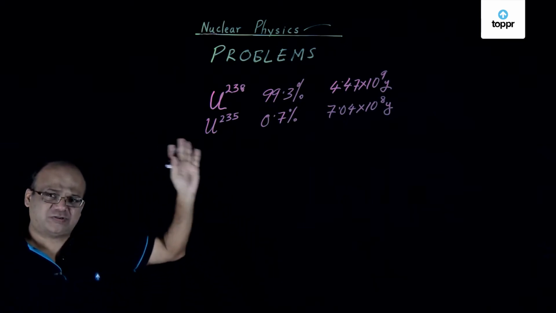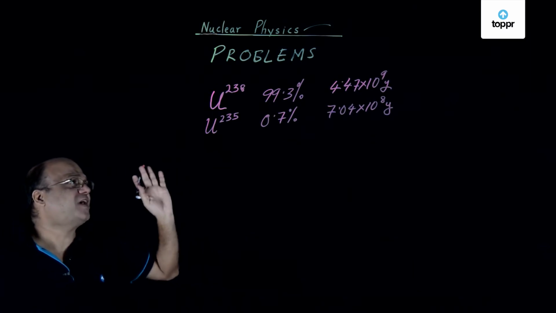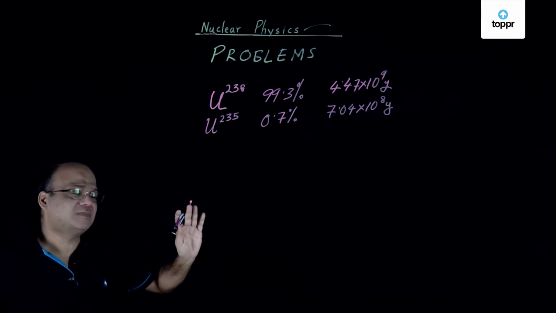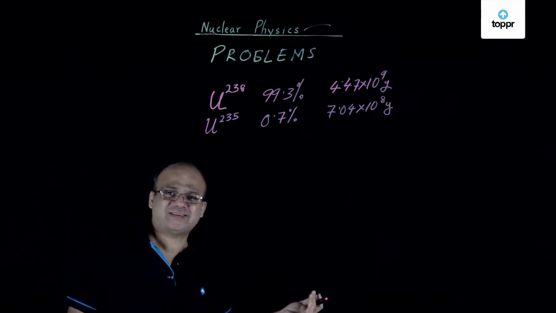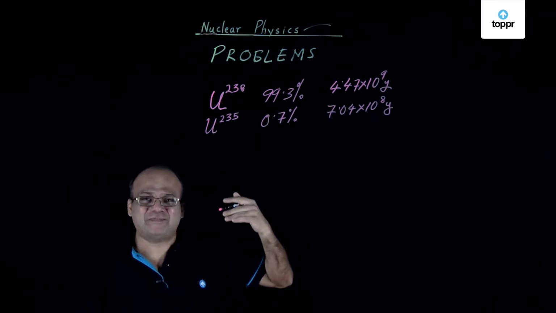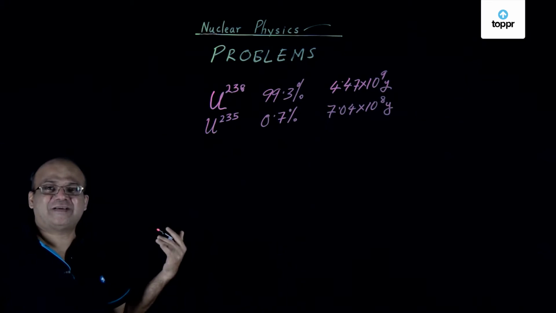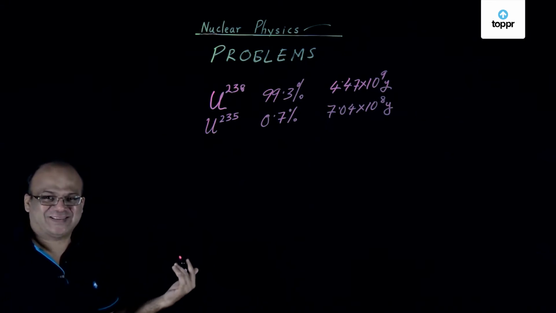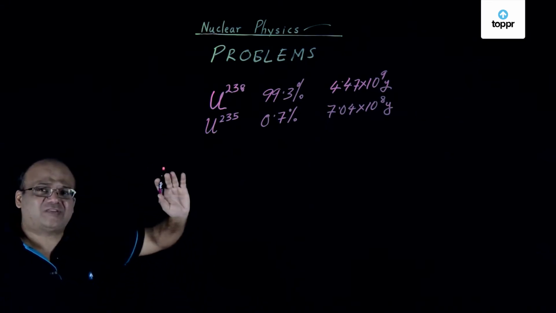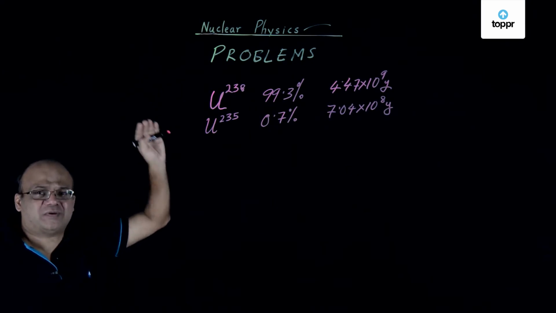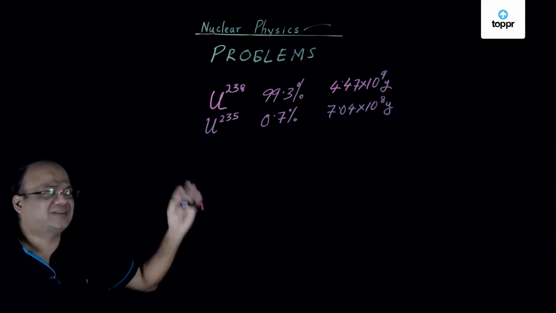So this is the question. How to start solving this question? We start from the fact that the number of nuclei is given by n0 e to the power minus lambda t. So initially assume that both the nuclei are having number n0 each.